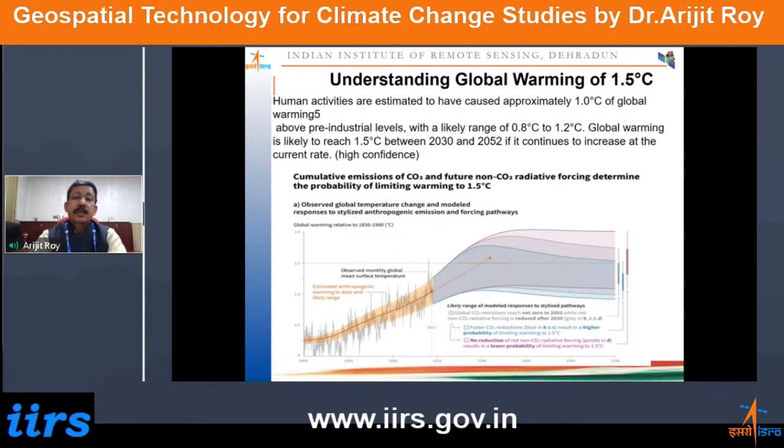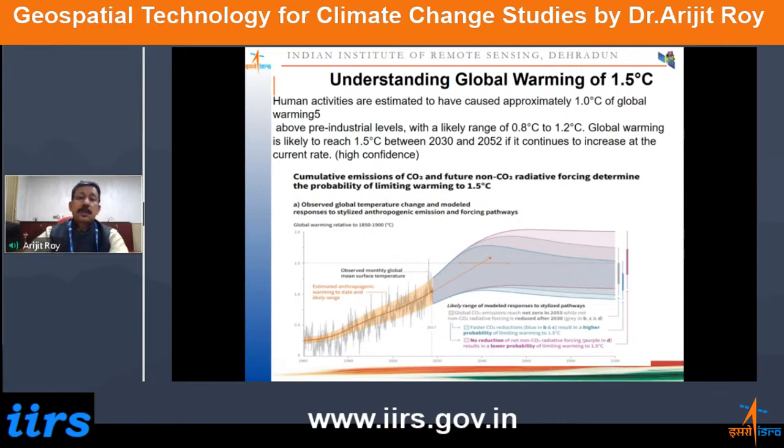And this is likely to reach between 1.5 to 2 degrees between 2030 to 2052, if it continues to increase at this rate, and this is projected with significantly high confidence.